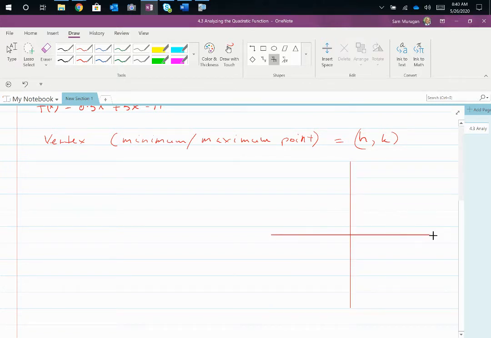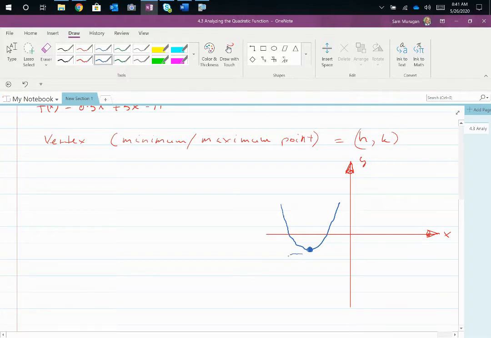Let's draw a couple of graphs here. So if I have a graph, say, that's turned this way, then I would have a minimum point. Remember, a minimum point is a low point, okay?